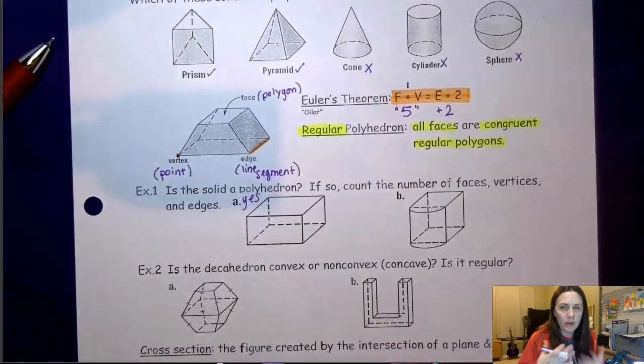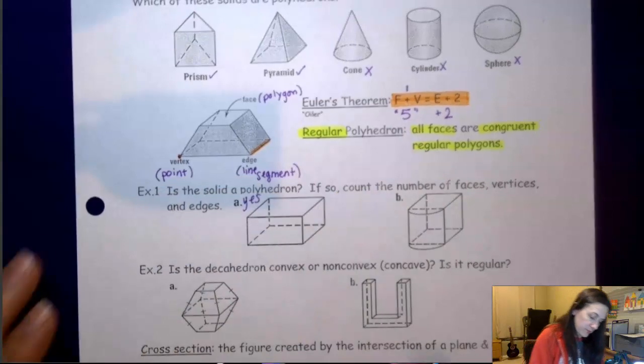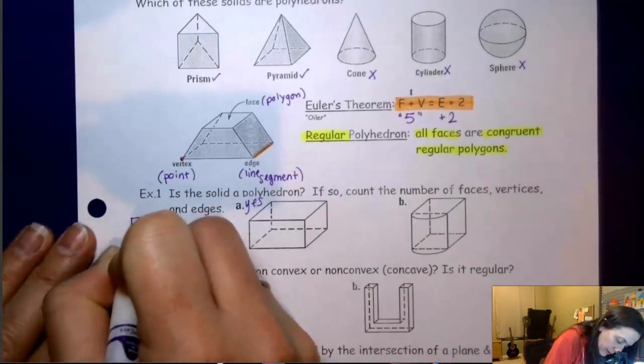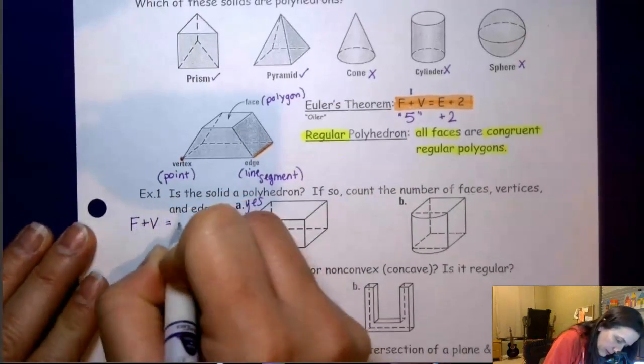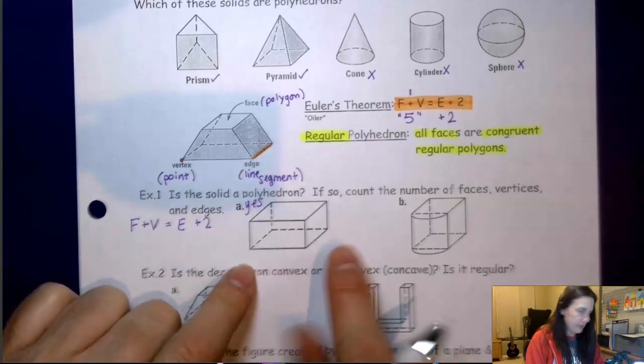That helps me remember it, so if there's a lot going on up there, I remember it by five plus 2. So I'm going to set up my F-V-E plus 2. Count how many faces do we have.